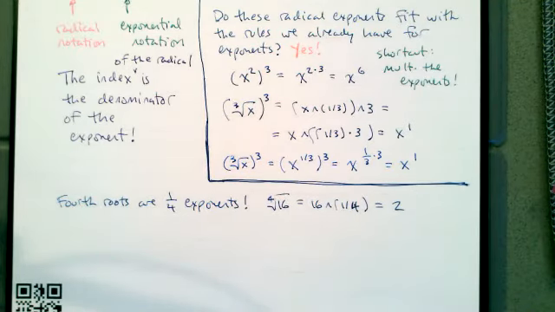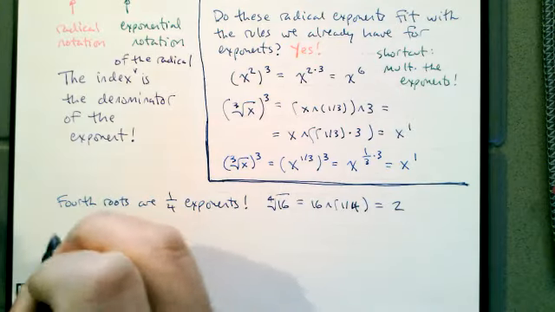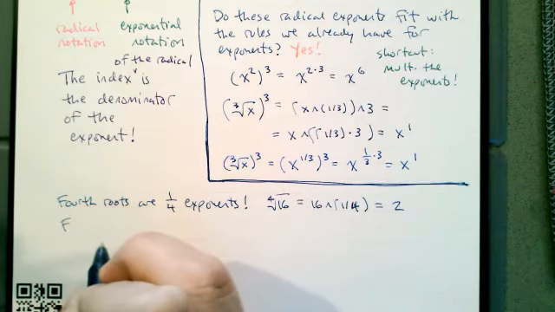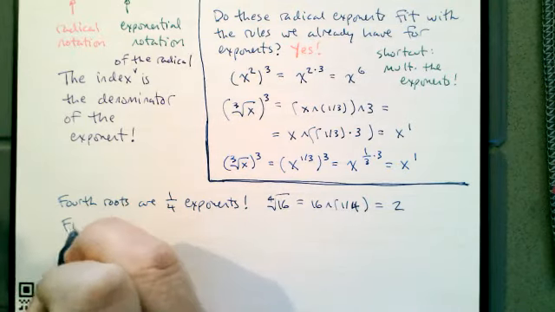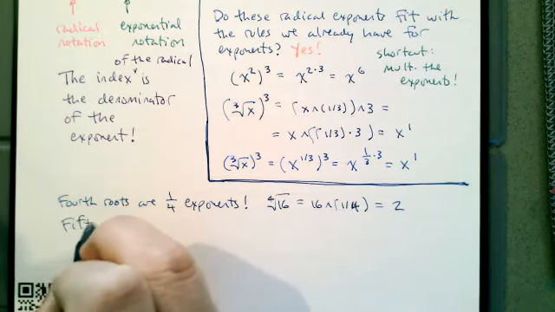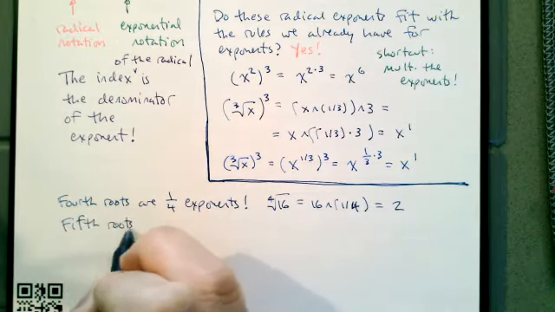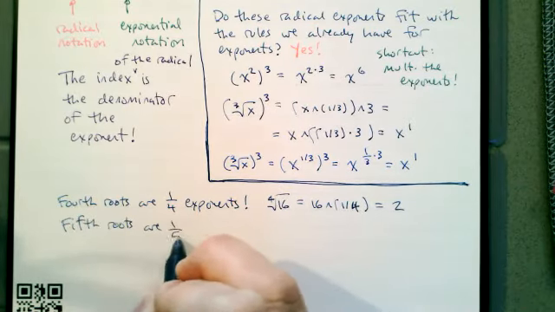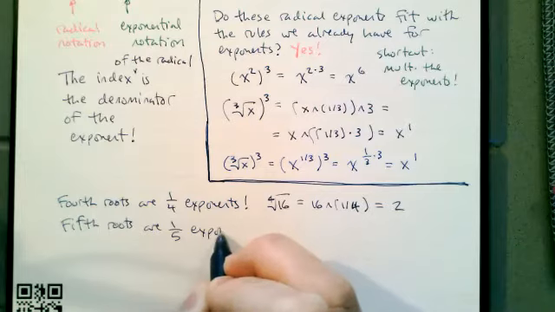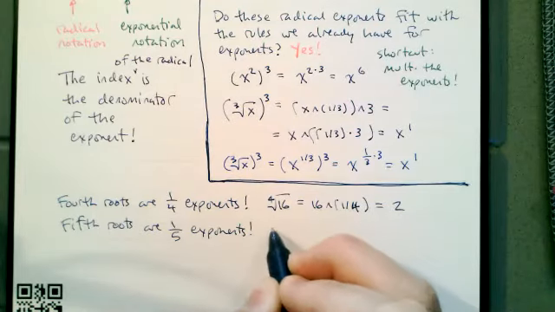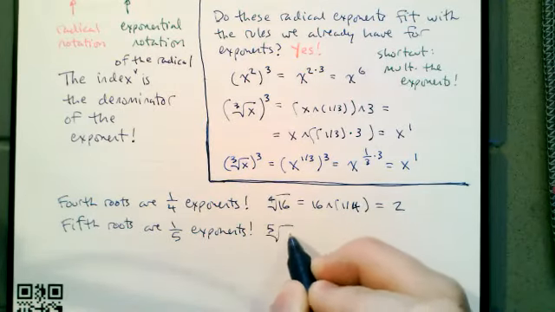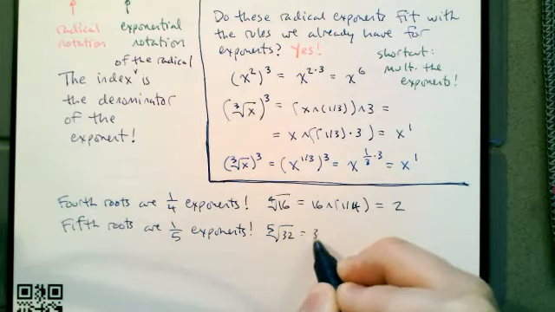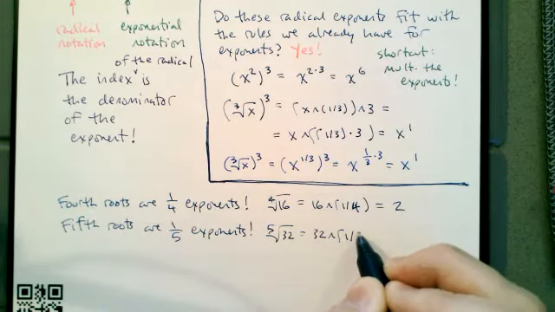So fourth roots are 1/4 exponents. Fifth roots are 1/5 exponents. They don't have names anymore after this. It's square and cube and then fourth, fifth, sixth, and so on. Fifth root of 32 is 32 to the 1/5 power.